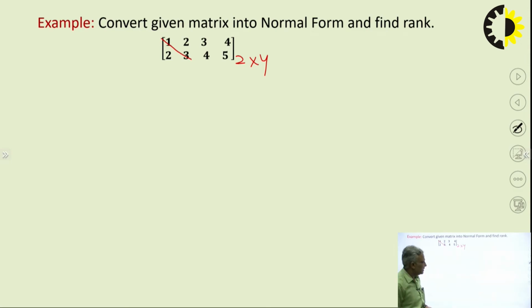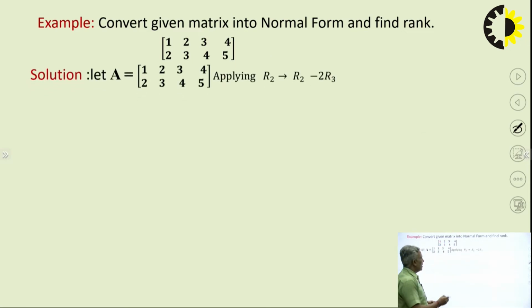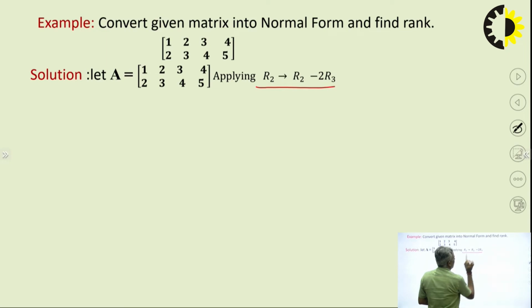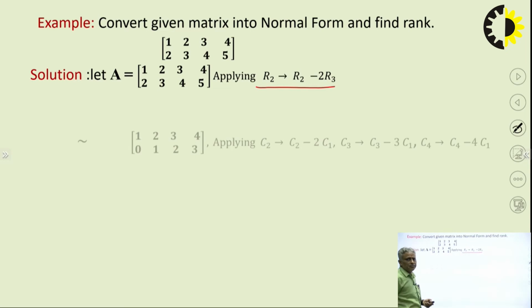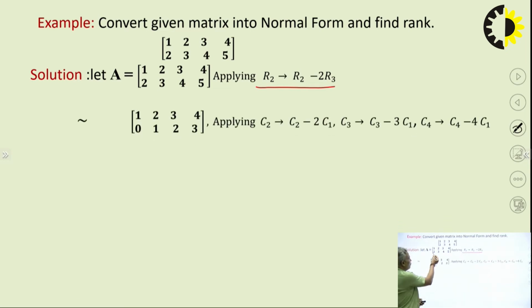First of all we apply an elementary row operation. So I apply R2 arrow R2 minus 2 R1. The first row is the same, 2 minus 2 is 0 here, 3 minus 4 is 1, and so on. In this way we can calculate the value of this.